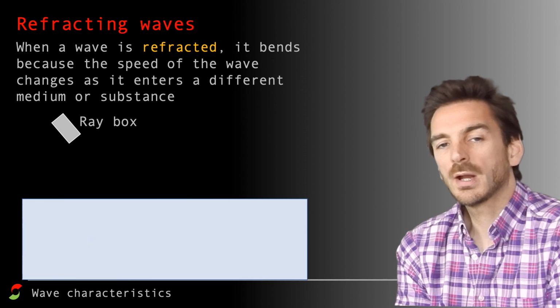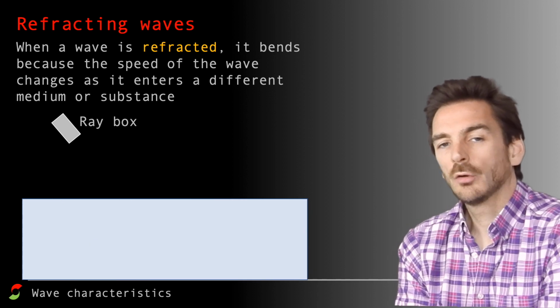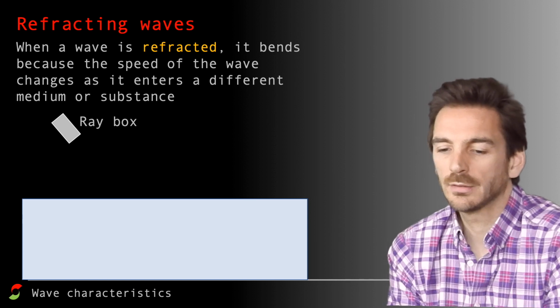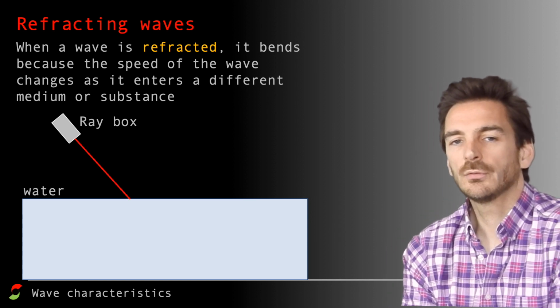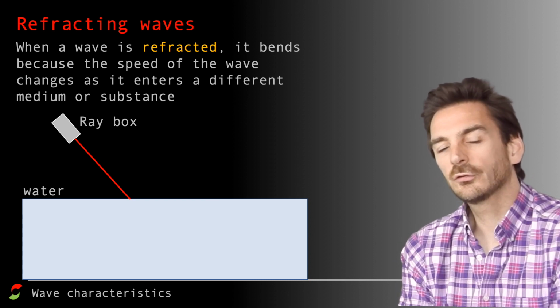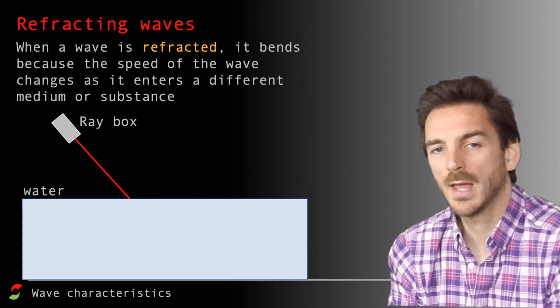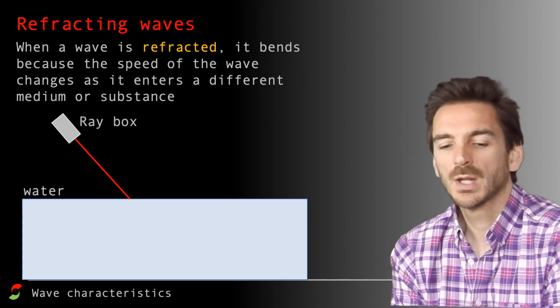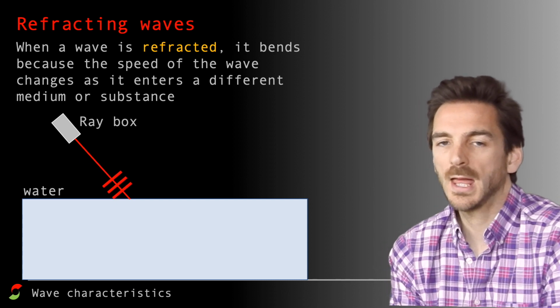And we're going to look at a ray of light that passes into some water. So it's going from air on top to water underneath. And what we're going to do, we're going to follow what happens to this ray of light. But we're going to look at the wave fronts just to see what happens in a little bit more detail to that wave when it goes from air into water. So here are the wave fronts that are moving through the air part.